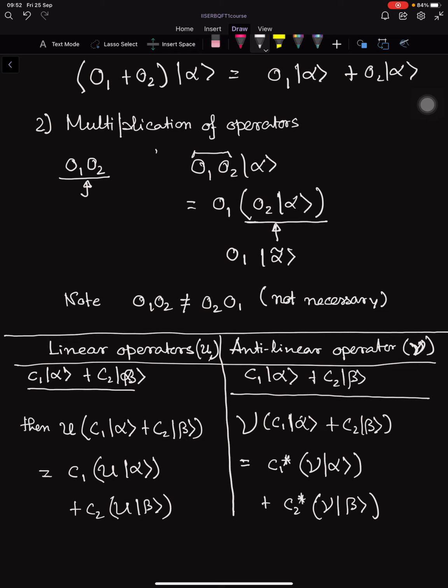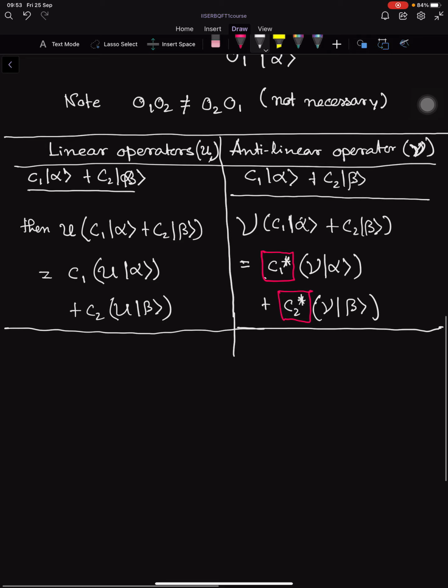So it's very important to remember that if you multiply a vector by an arbitrary complex number, then when it passes through, it complex conjugates it. So remember this complex conjugation, and this is called an antilinear operator. So these are linear and antilinear operators.